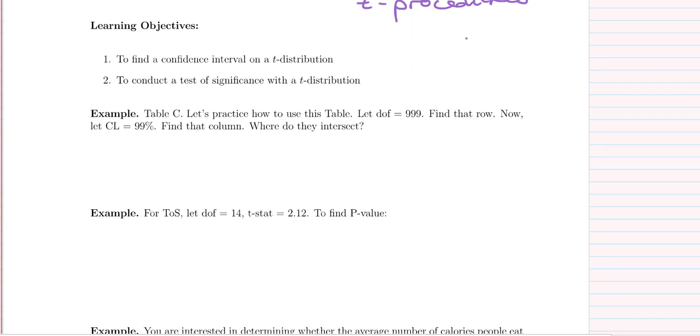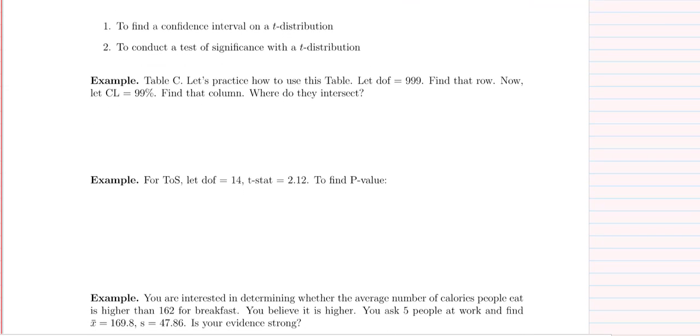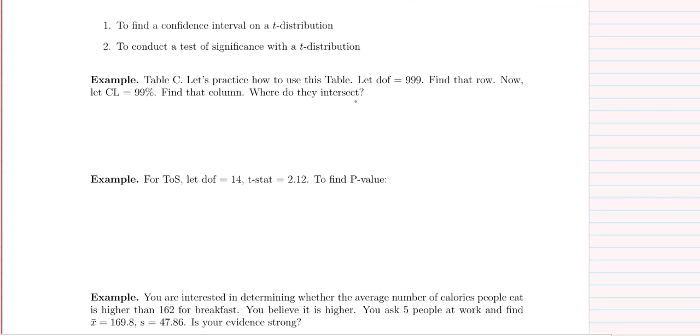Alright, so the learning objectives are to find a confidence interval and to conduct a test of significance. Here we'll learn how to use table C. First, I'm giving you degrees of freedom, 999, and we want to find the T-star that gives us a confidence level of 99%.